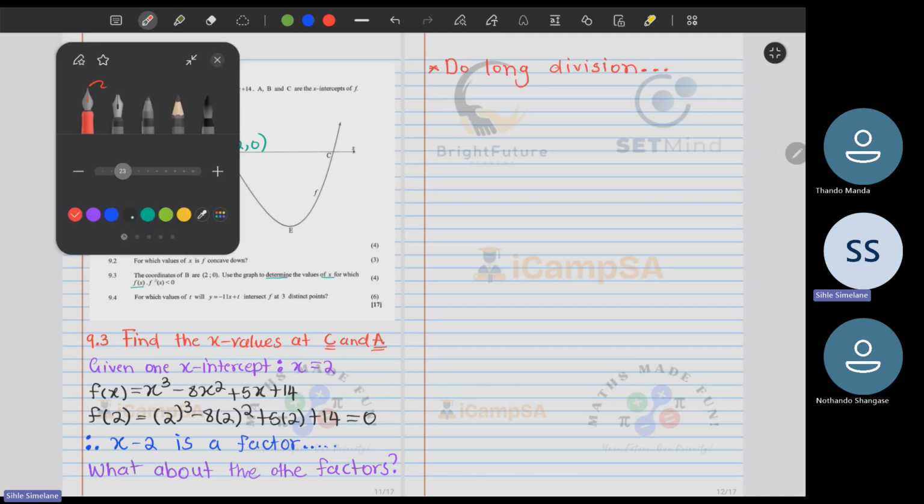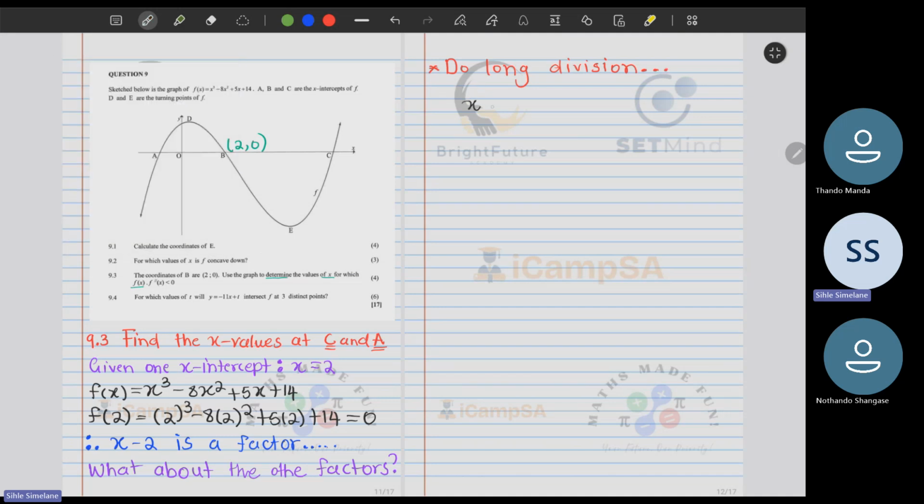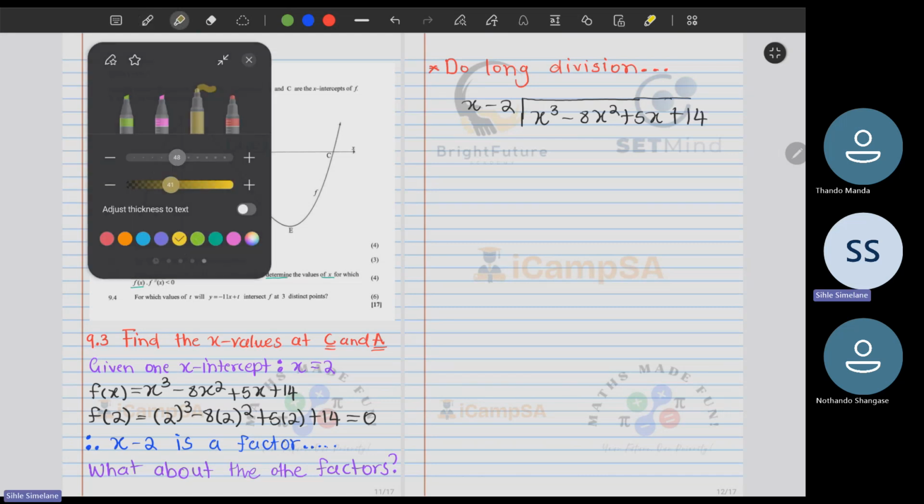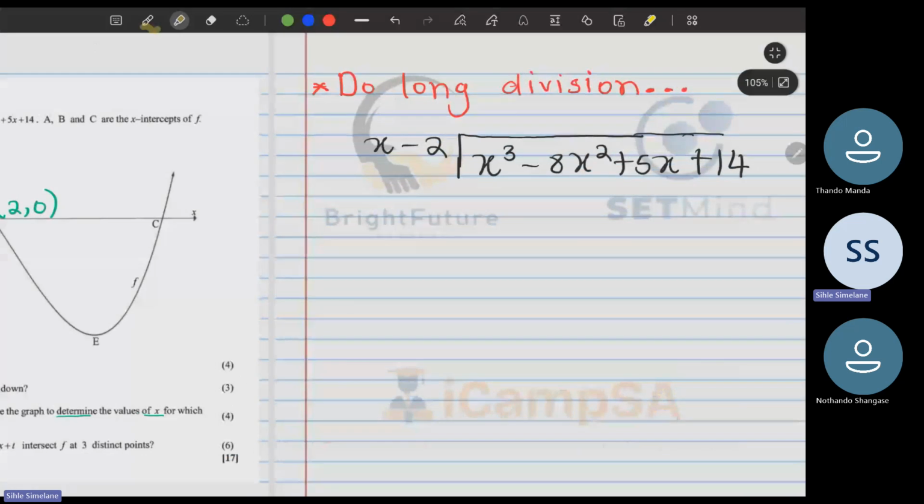With our long division, we have x minus 2 dividing our entire expression, which is x cubed minus 8x squared plus 5x plus 14. Okay.